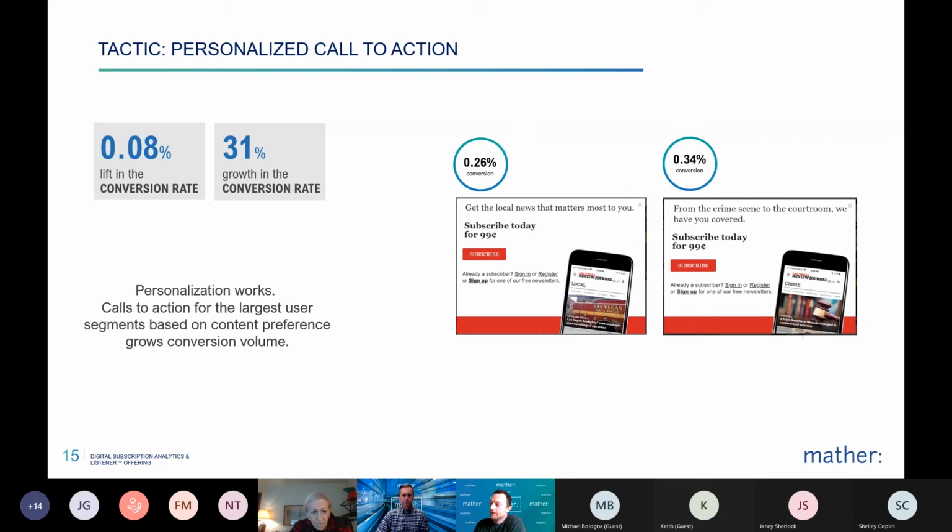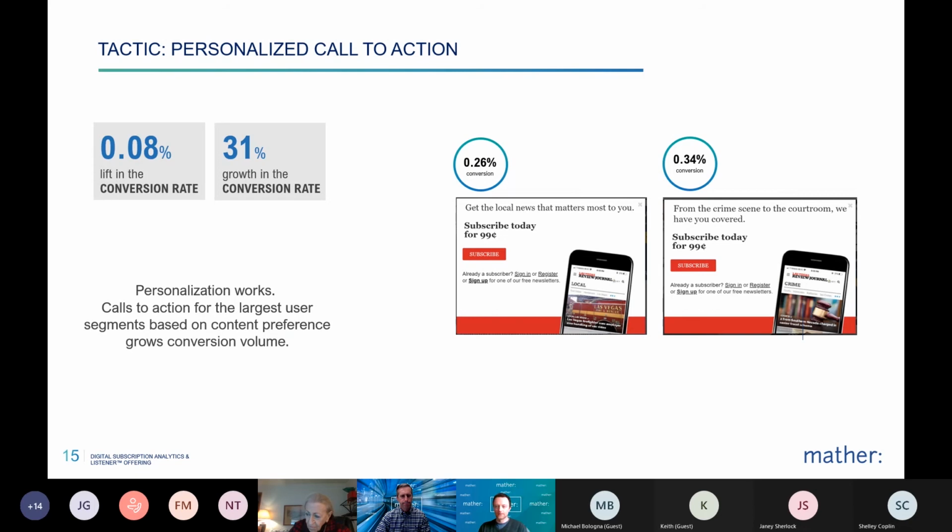The other test here is personalization. Once you have the paywall working and your meter testing out of the way, we like to use the content preferences of different readers to change up the messaging or the calls to action. On the right side, you can see we changed a small part of that call to action, targeting people who are interested in local crime stories.